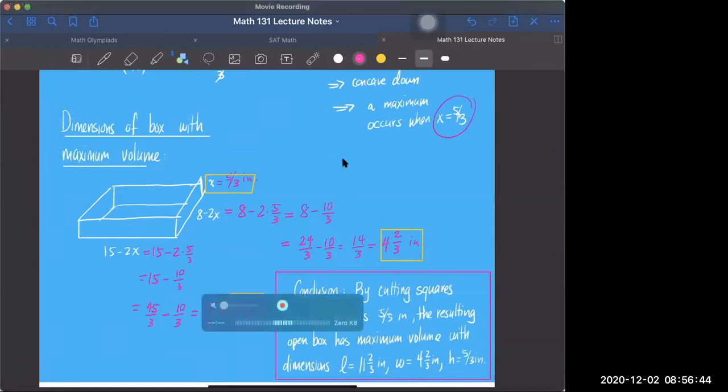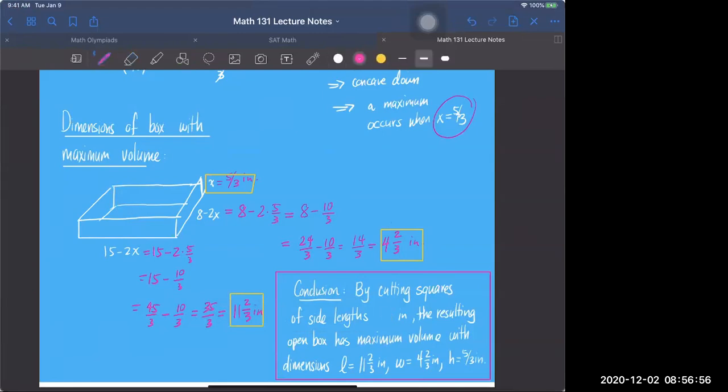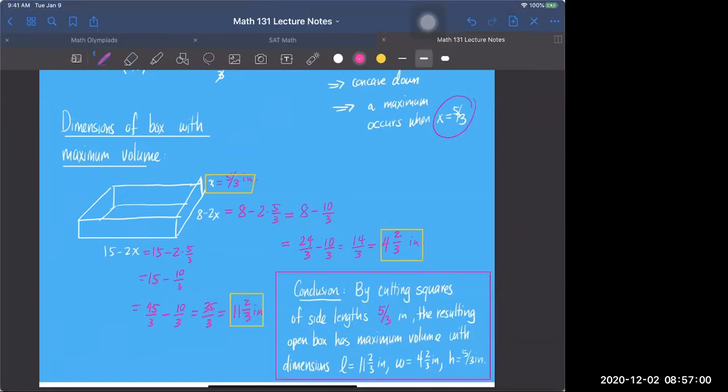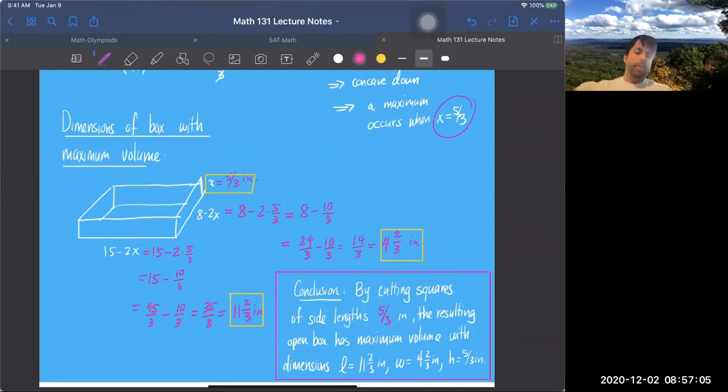The length and widths that we got represent the lengths and widths with the cut squares. After I cut squares whose side lengths are 5/3 of an inch from every corner, and I create this new box, this box that I will create with these dimensions would be the box that has the maximum volume.